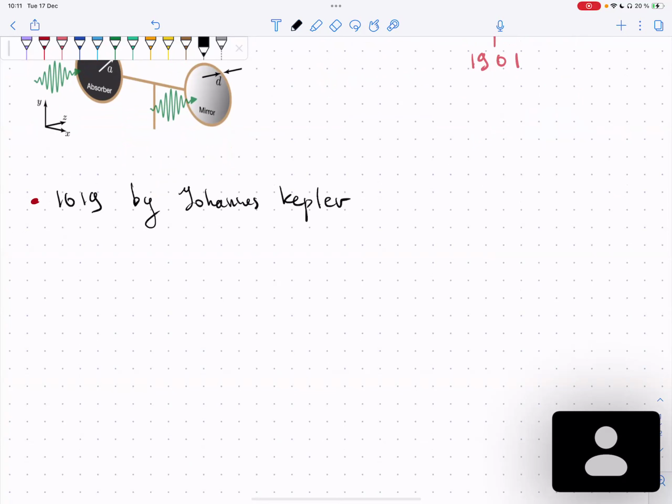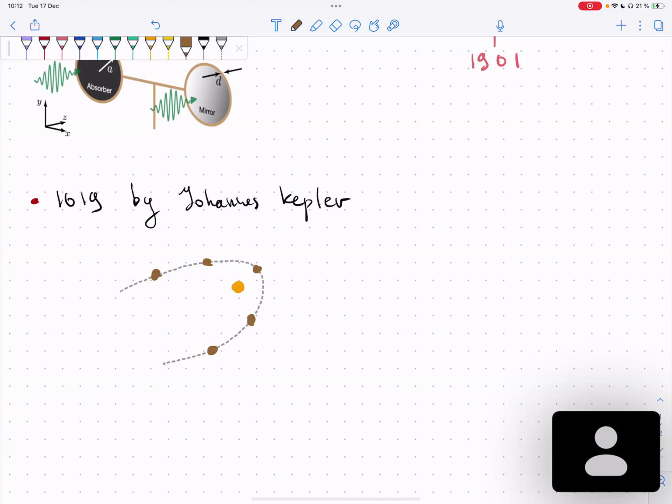What he noticed was that when a comet flies around the sun, for example, here we have the sun, and we have some trajectory like this, and some comet flying here.